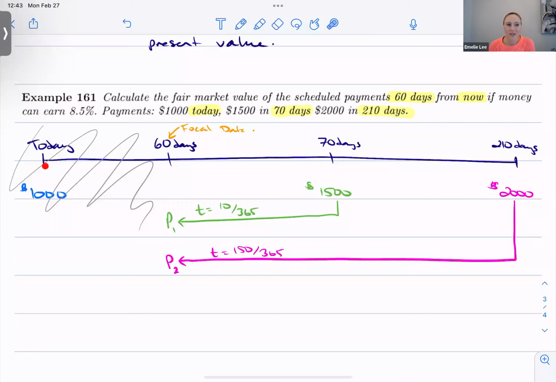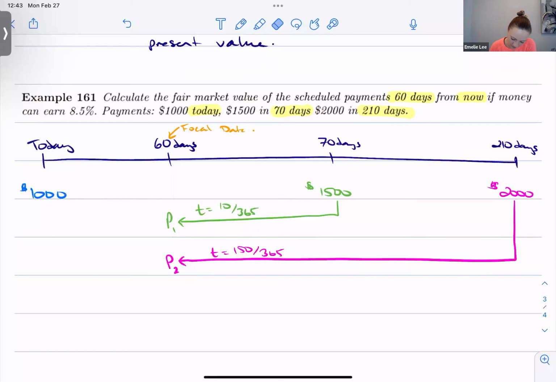We're not going to ignore today forever, but I just wanted you to see that if you break it up into parts, we've already solved this problem. We had 3 present values to calculate earlier. Now it's just 2, but there's a but.